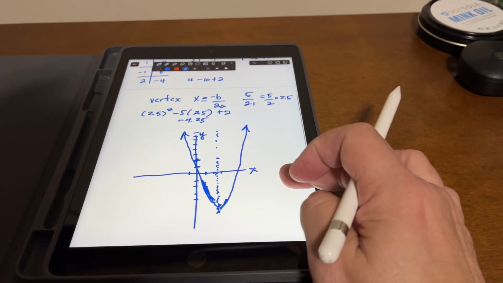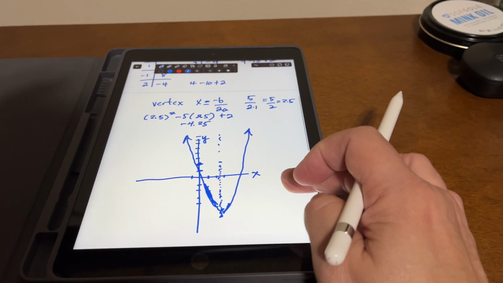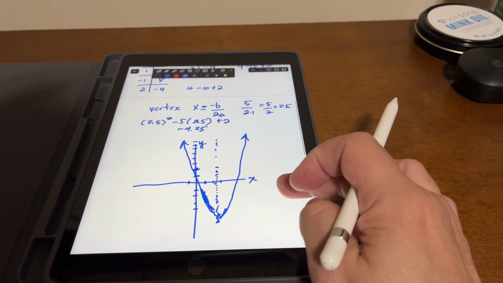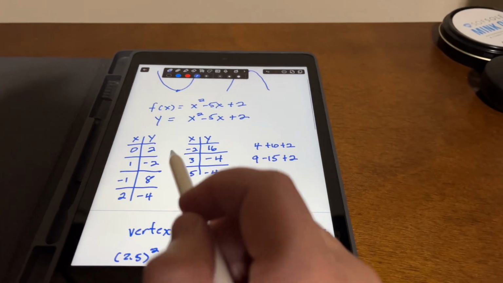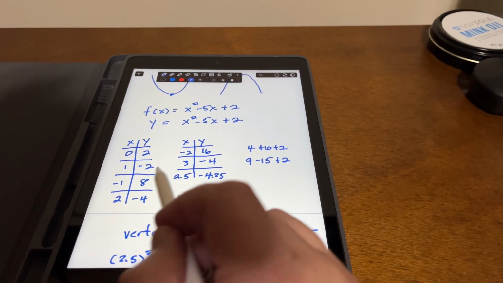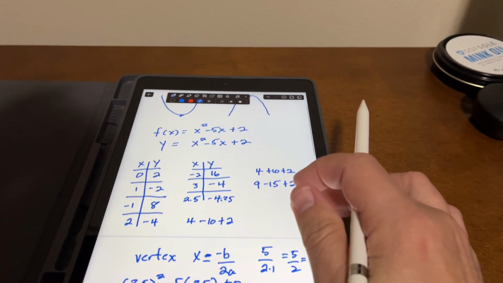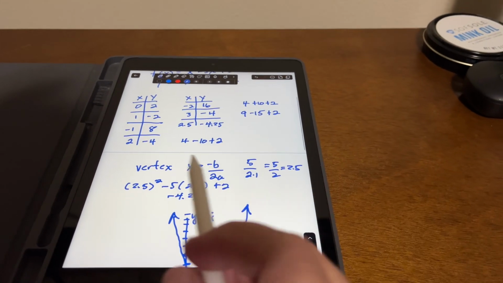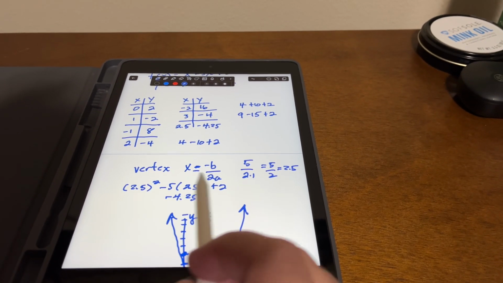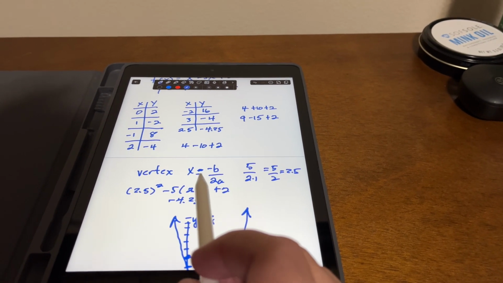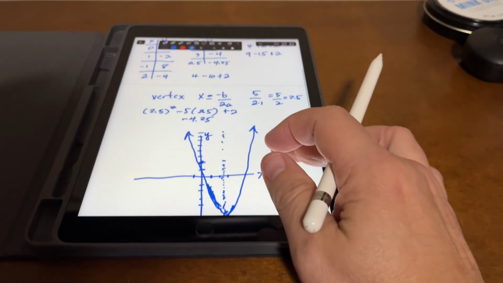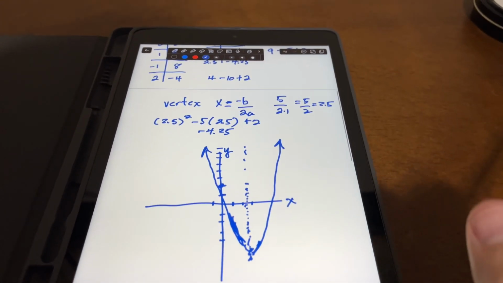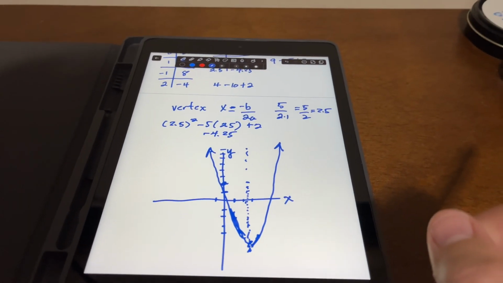So you can graph any type of equation by plotting points and substituting values in. So this ability to make a table of values, that's what this is called, a table of values, and plot them, is very important. Then the other thing I did was I showed you how to find the vertex. So that's super helpful as well. And then we're practicing plotting points. So this long way of graphing a quadratic is super important.